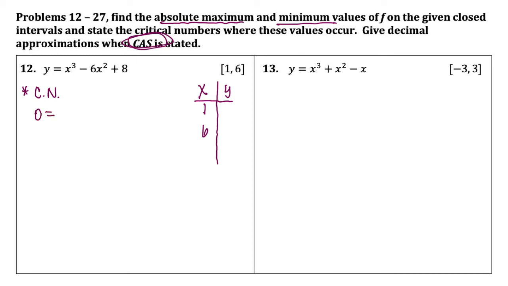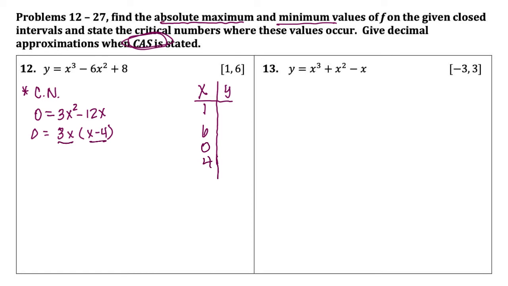So I'm going to jump straight to it and say that's 3x squared minus 12x. And so we would factor out a 3x, and that's going to leave us with x minus 4. That's going to give me a 0, and that's going to give me 4. So there's all of my possibilities for an absolute maximum and an absolute minimum.